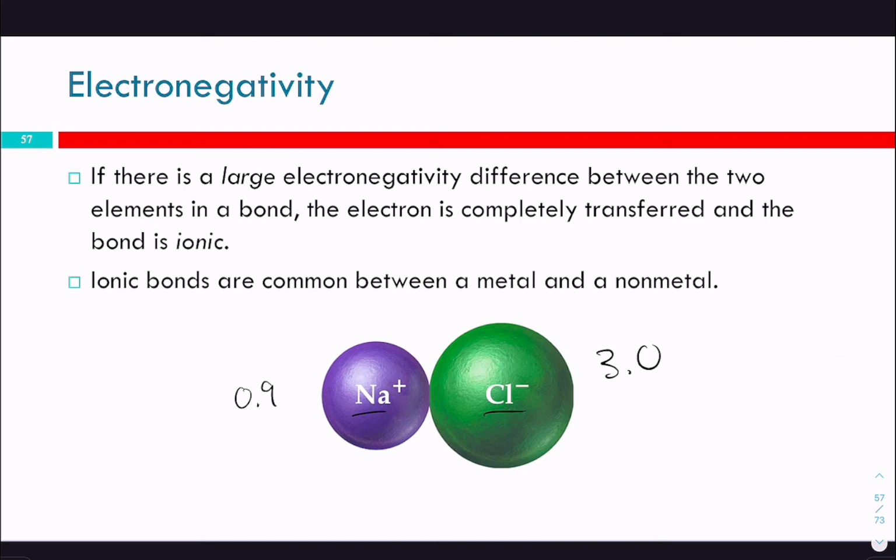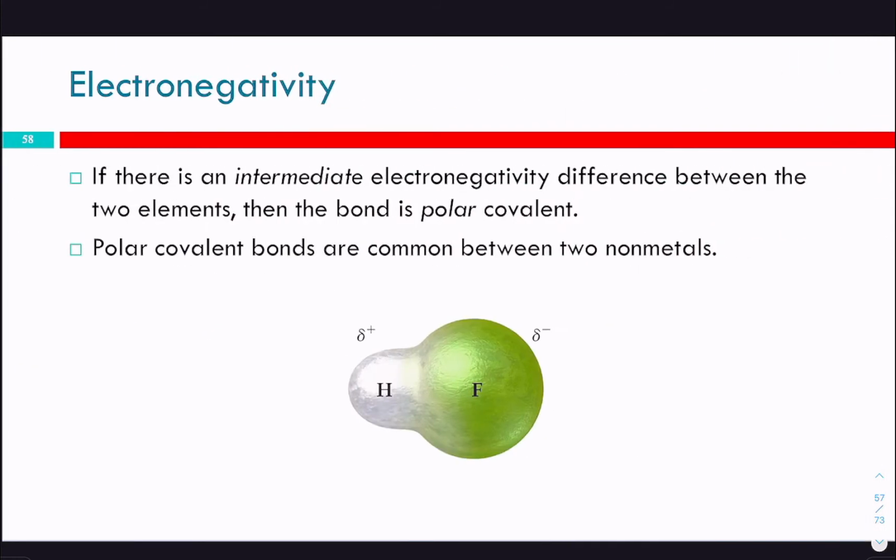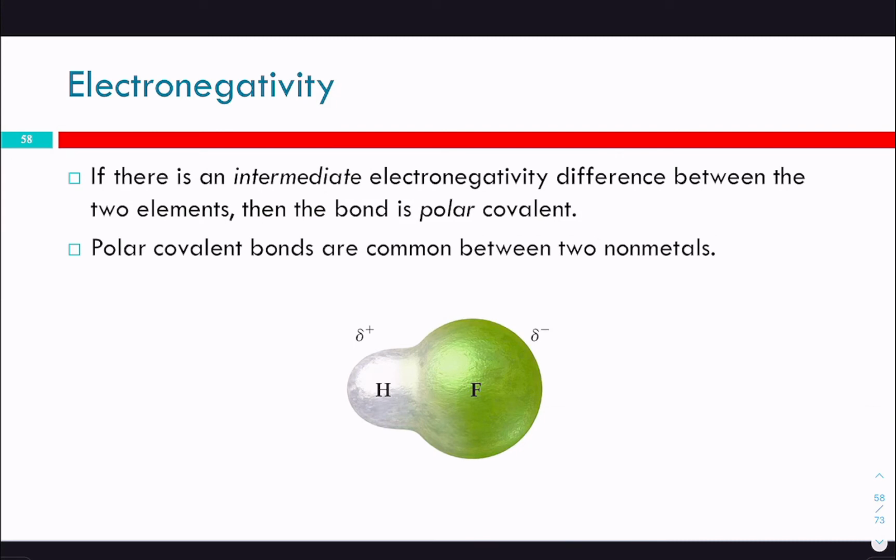So the two opposite ends of the spectrum are the nonpolar bond versus the ionic bond. And everything in between, those are polar bonds. Intermediate electronegativity is a polar covalent bond. You get a lot of those between nonmetals.